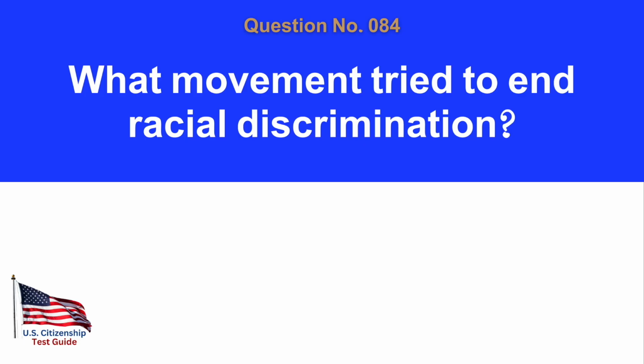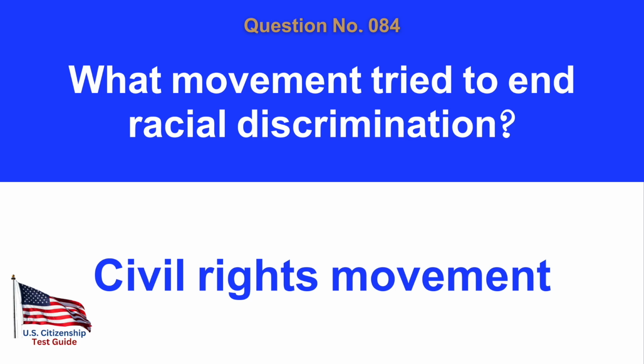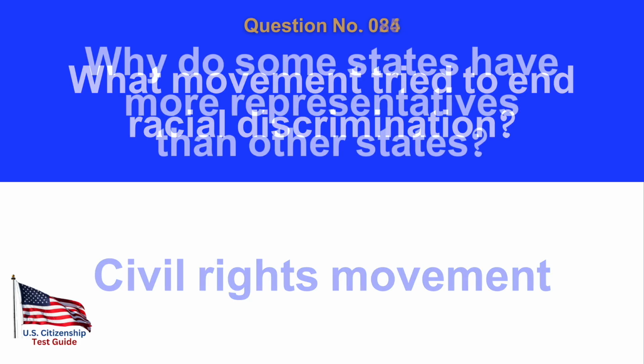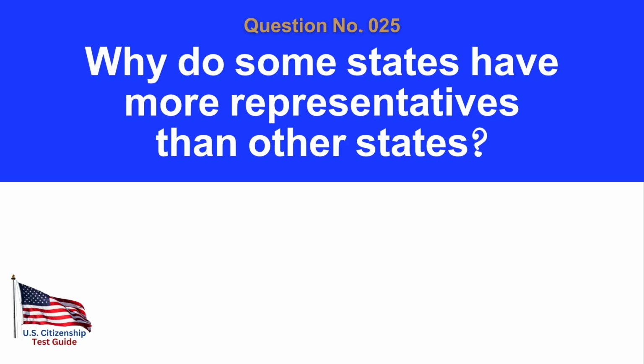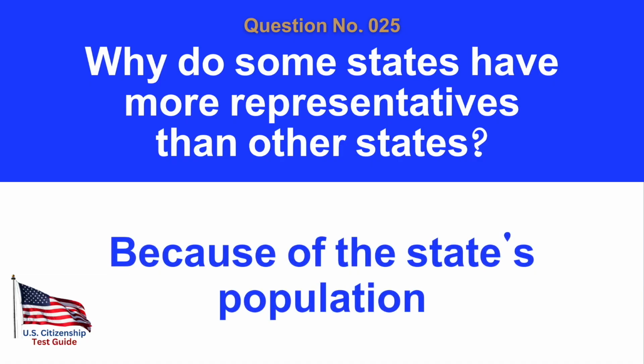What movement tried to end racial discrimination? Civil rights movement. Why do some states have more representatives than other states? Because of the state's population.